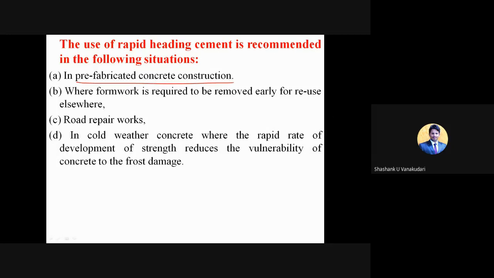Prefabricated concrete construction means the structural elements like columns, beams, slabs, doors, and wall panels are constructed at the manufacturing site. Certain factories will be there, and in those factories they manufacture these elements, transport them in a particular vehicle, and install them at the required location, like your construction site.